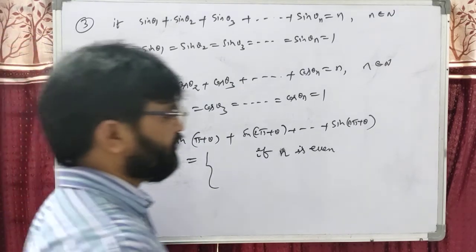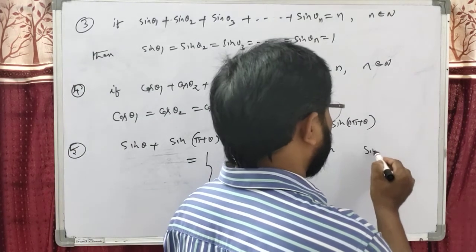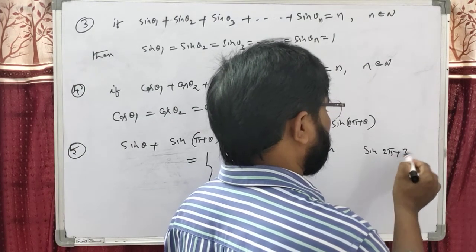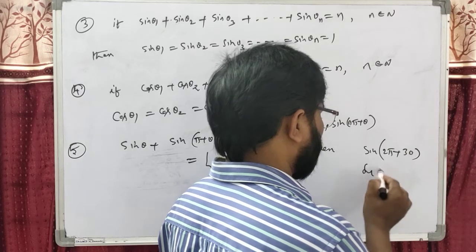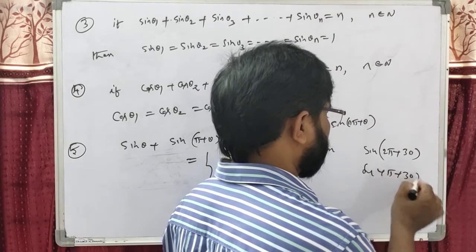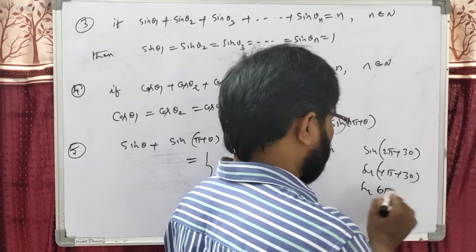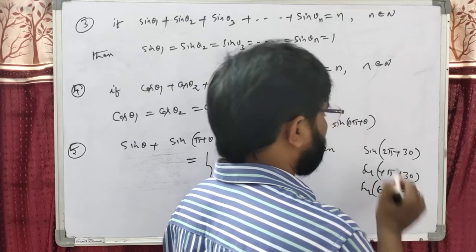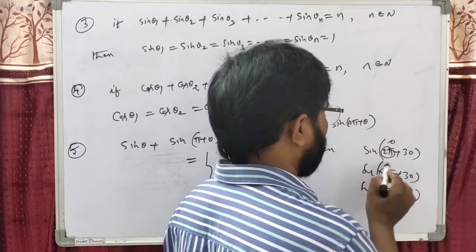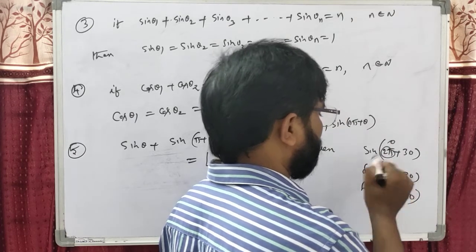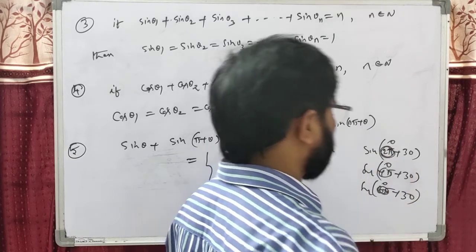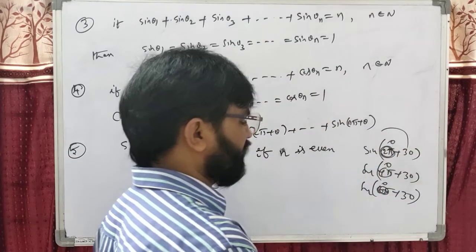So, dear students, if you find the value of sine of 2 pi plus 30 or 4 pi plus 30 or 6 pi plus 30, the 2 pi, 4 pi, 6 pi are nothing but 0 since these are complete rotations. You can directly find the value of sine 30.